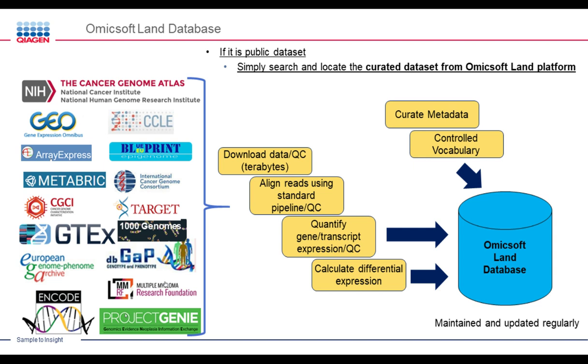Fortunately, our team at Omicsoft has already done this from many different public sources. These include sources such as The Cancer Genome Atlas, TCGA, which has a lot of cancer data sets; GEO; CCLE, which has a lot of cell line data sets; and GTEx, which has a lot of normal tissue data sets. Our team has already done all of this process for you, which can take months, if not years, depending on the resources you have.